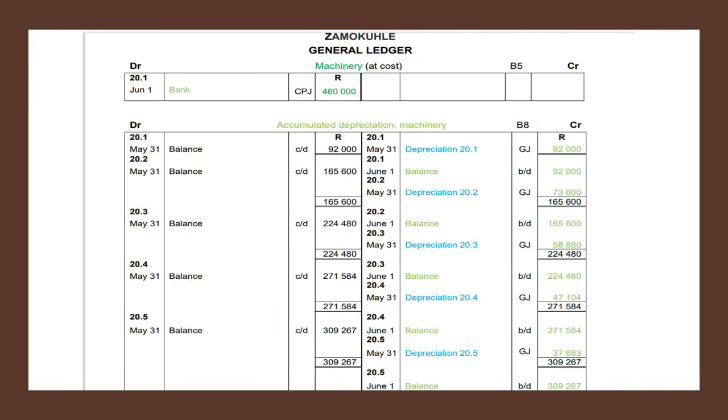So we still apply the same process as we have done for our straight line method. It's just that here we are seeing that the depreciation keeps on changing. It was not fixed or constant as we were doing for the straight line method. So you shouldn't be confused. It's still the same thing.